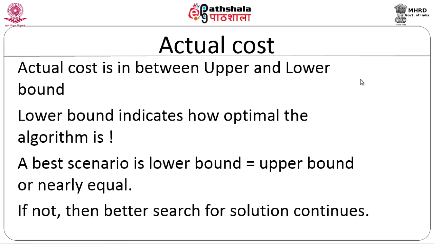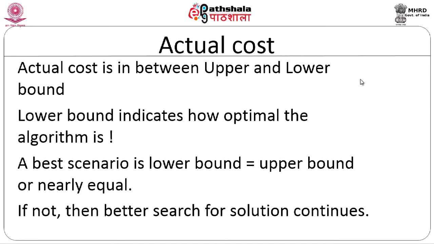What is the use of finding the lower bound and upper bound? The usage is like this. The actual cost exists between the upper and lower bound. If lower bound is equal to upper bound, then we can say that the algorithm is optimal, where there is a perfect match between the lower and upper bound.